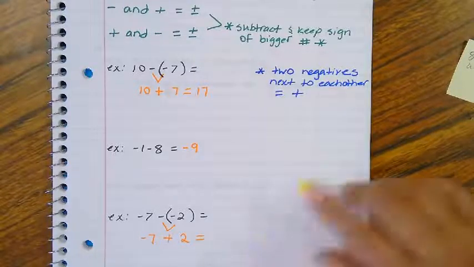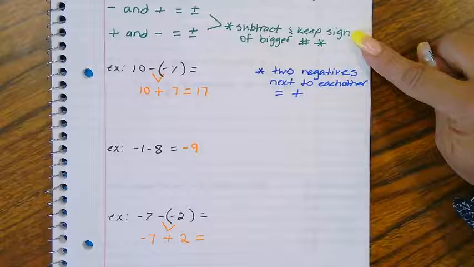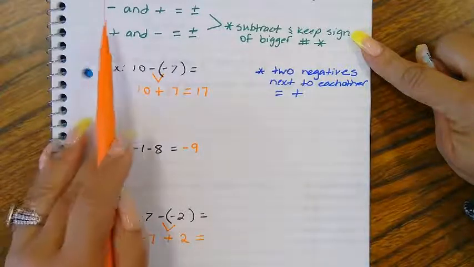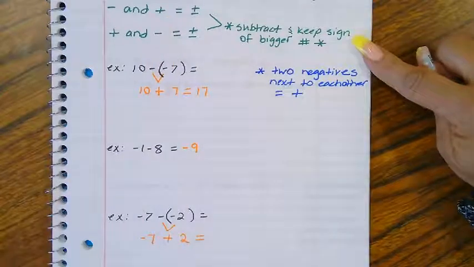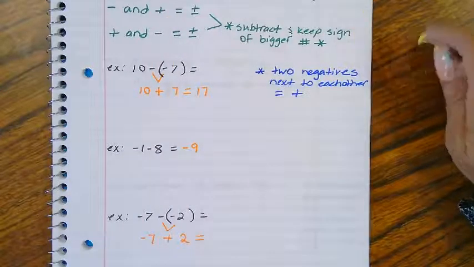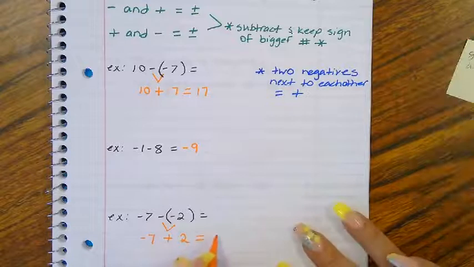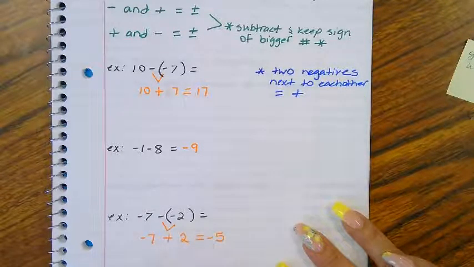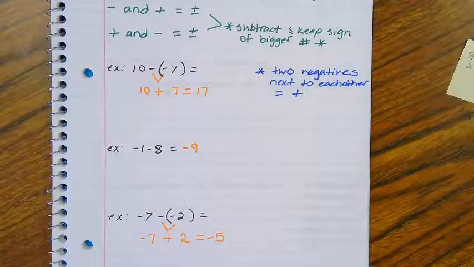This is where we can use this rule here in the green because we have a negative and a positive, right? So we're going to subtract the two numbers. We would get a 5, and we're going to keep the sign of the bigger number, which is 7, so it's going to be a negative 5. So negative 7 plus 2 is negative 5.